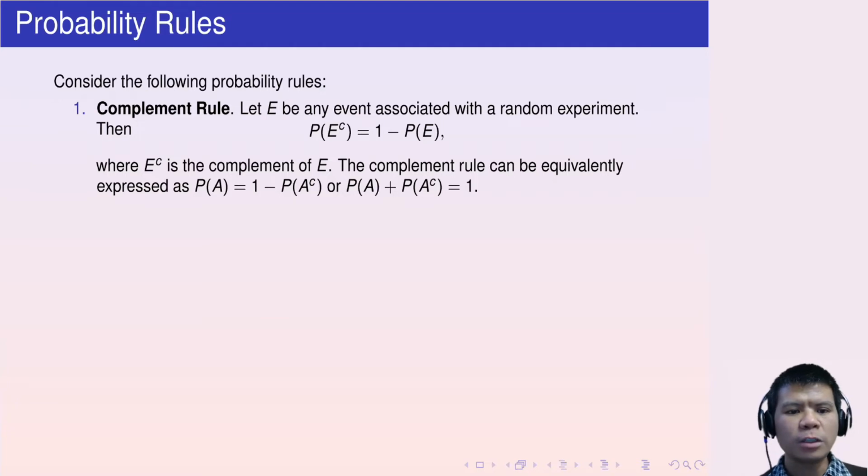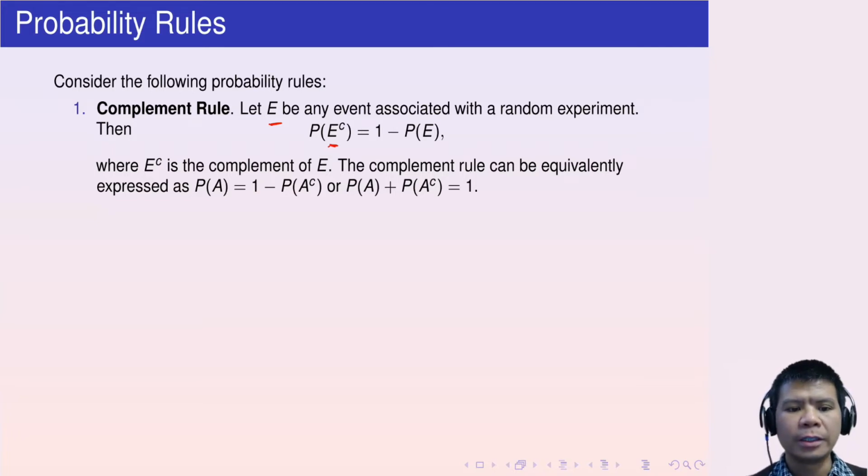The first probability rule we're going to talk about is the complement rule. So what is the complement rule? Let E be any event associated with a random experiment, then the probability of the complement of this event equals 1 minus the probability of this event.